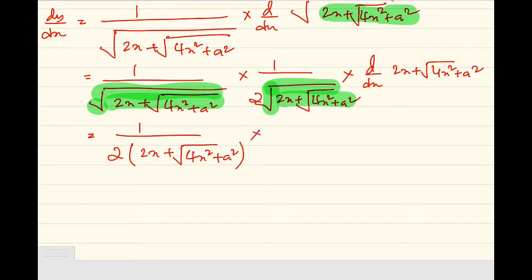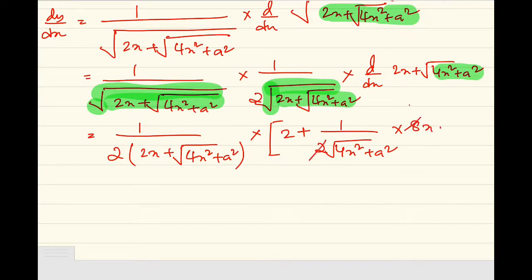Into this will be open bracket, d/dx of 2x is 2 plus 1 by 2 root of 4x squared plus a squared, and directly I'm going to do d/dx of 4x squared plus a squared. I have to do the differentiation of the inside one, again chain, and that'll give me 8x, isn't it? So this cancels and 4. Correct? That gives me 1 by 2x plus root of 4x squared plus a squared.